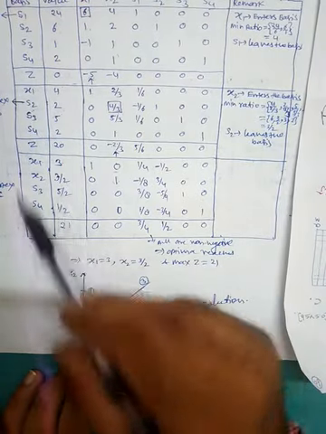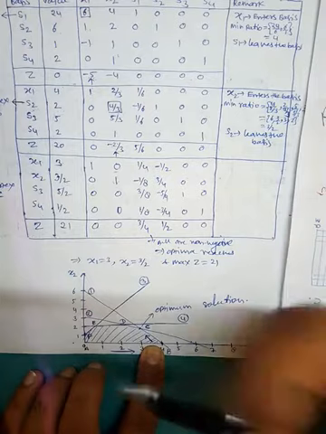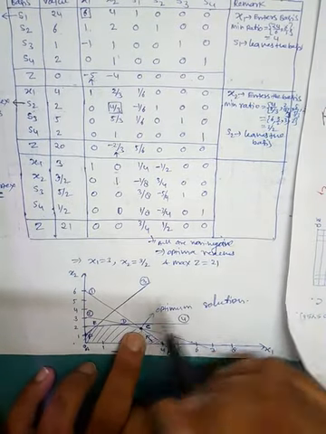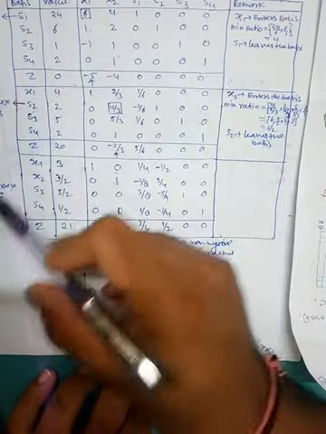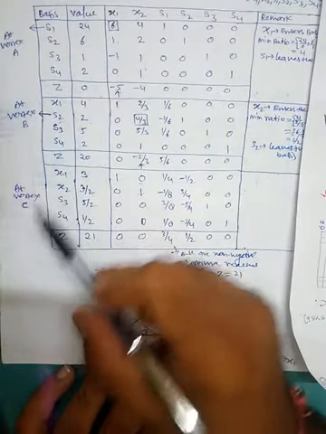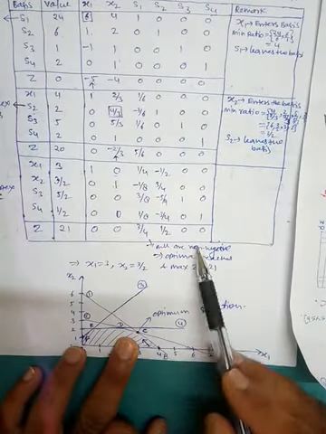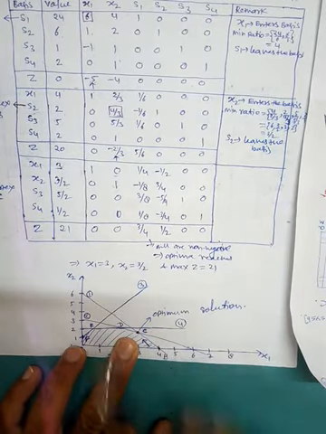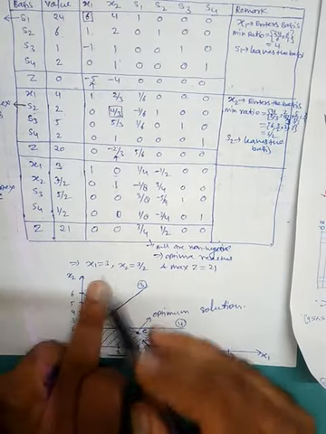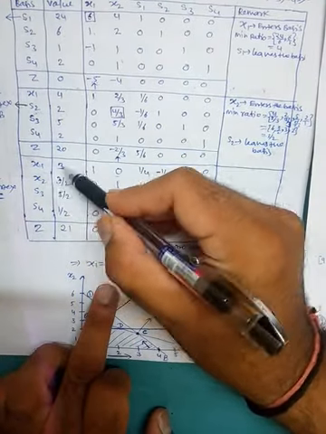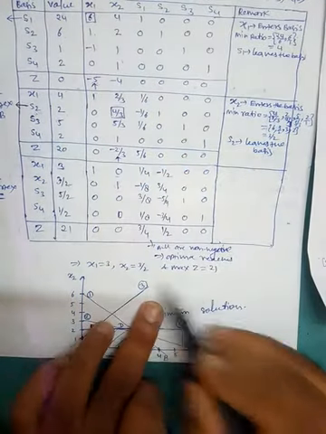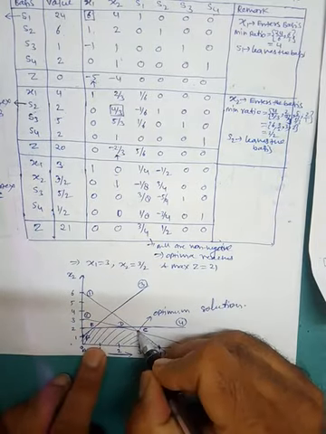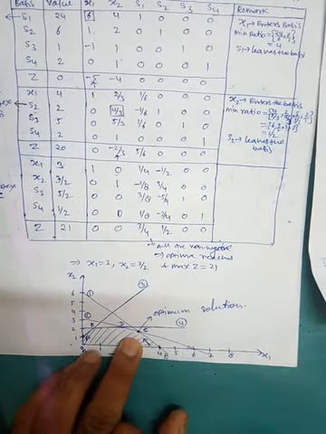And we reached here, x1 is 3, x2 is 3/2, which is nothing but point C. So point C is this point, this is the vertex C. And now in the Z row there is no negative value, all are positive values. Hence optimum is reached, and the solution is x1 is 3, x2 is 3/2, and maximum Z is 21. So point C is the optimum solution.